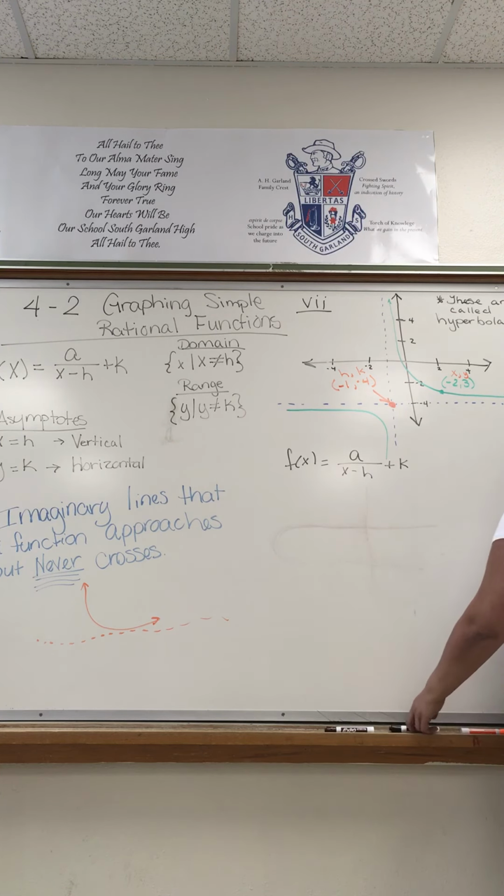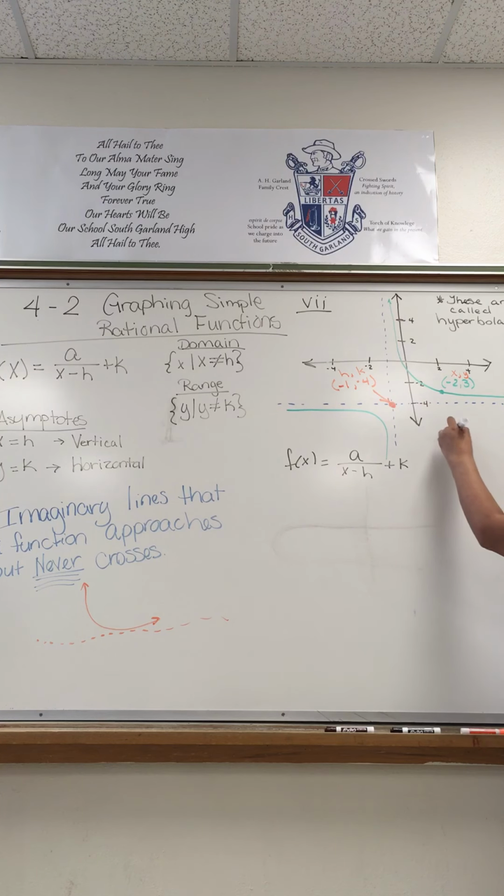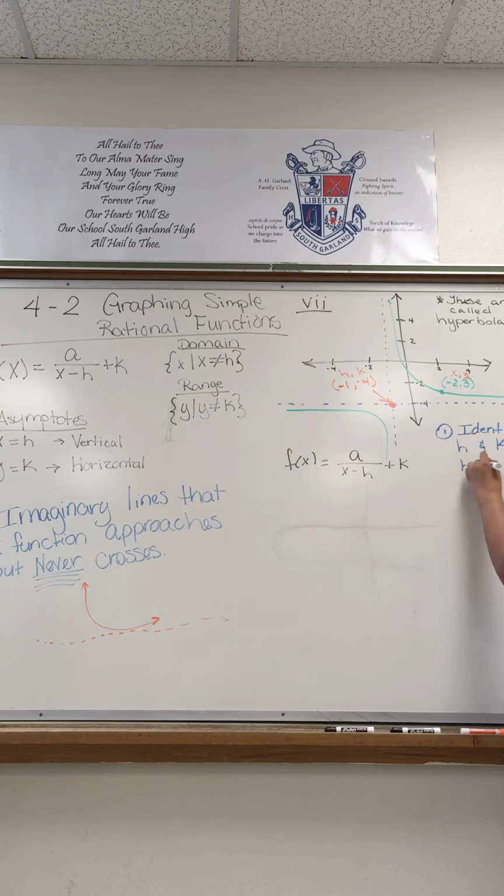So step 1, the first thing you want to do is identify h and k. So h equals -1, k equals -4. Okay?